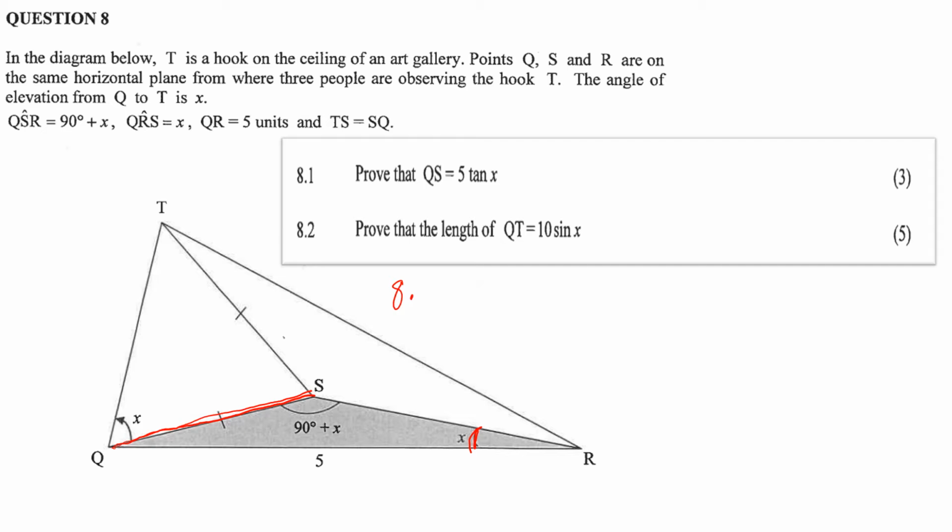So for 8.1, we are going to use the sine rule, which says, because we are looking for QS, we'll start with this length, QS, divided by the sine of the angle facing it.